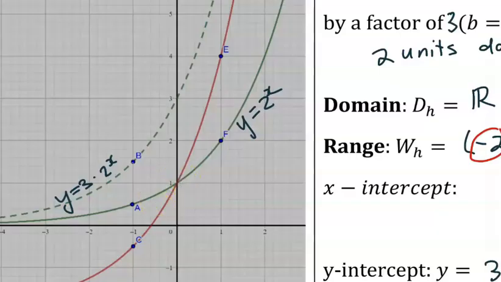If you look at the point A, that is 2 to the minus 1, which is a half, and the point B is at 3 times a half, which is 1.5. So if I look from the x-axis to B, that distance is 3 times the distance from the x-axis to A. So it's also 3 times the previous value.